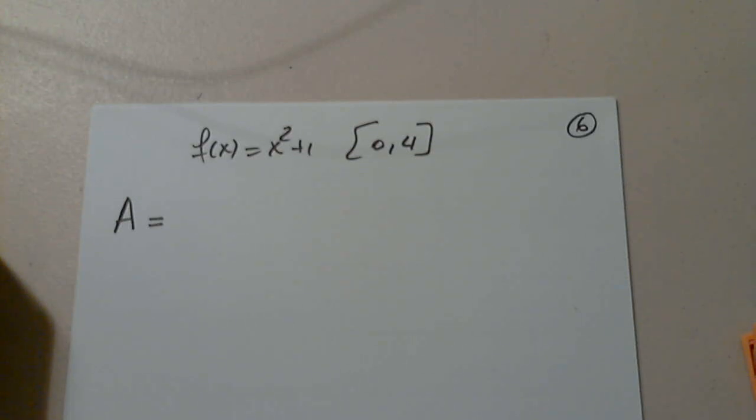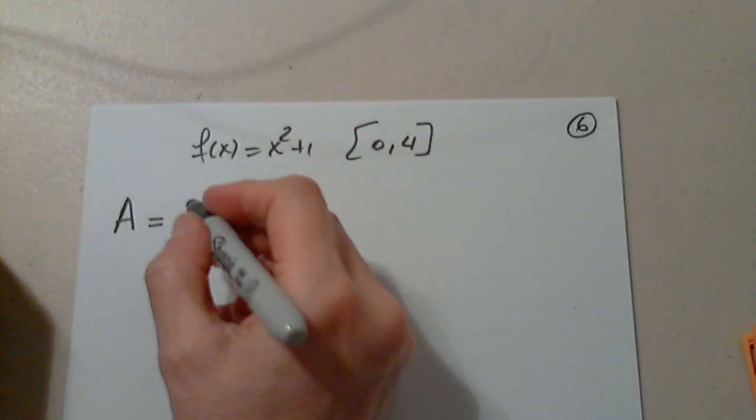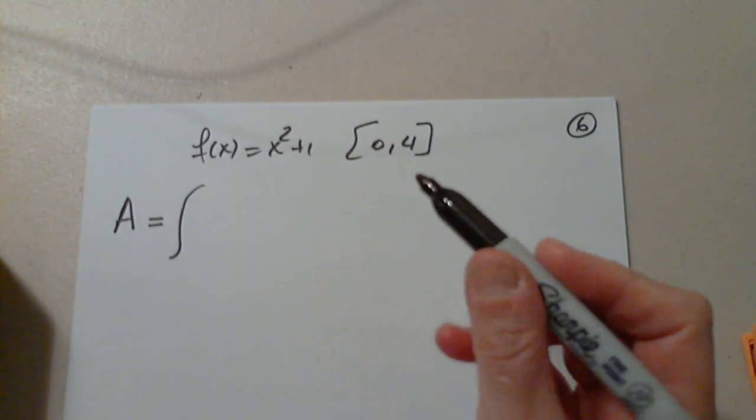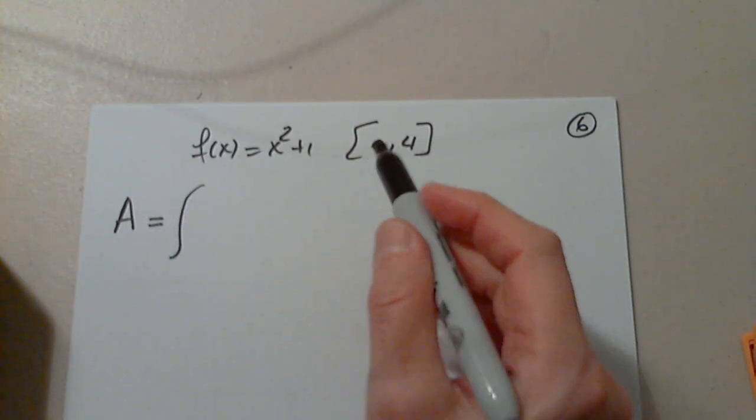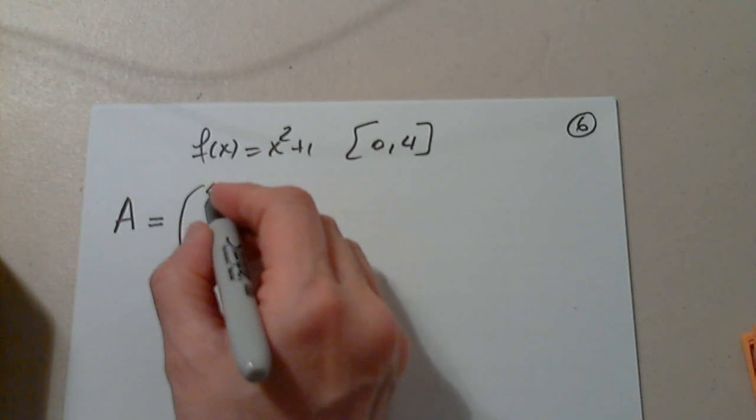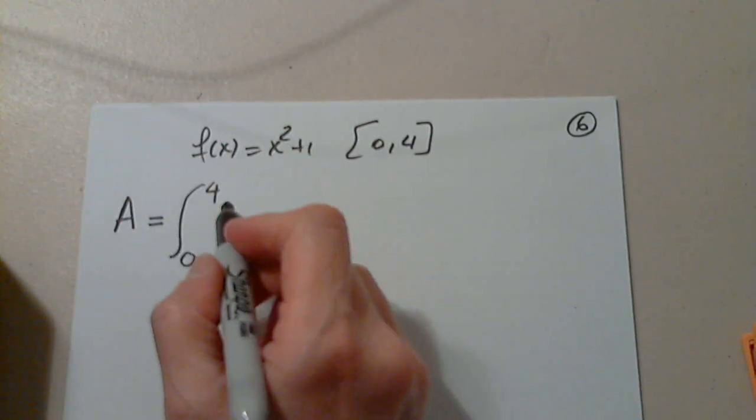It's okay if you're wrong. So you do the definite integral, very good, awesome. 4 will be at the top and 0 at the bottom. We say from 0 to 4, very good.